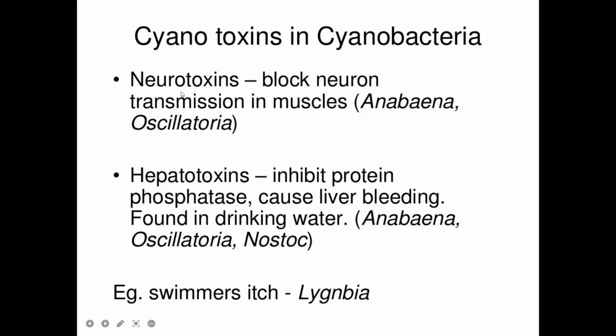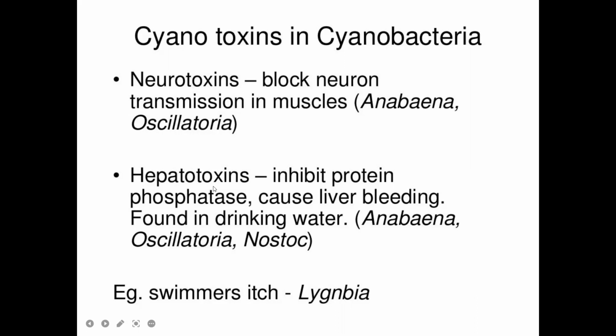Neuro means these toxins act on the nervous system, the neurons. Hepato means these toxins act on liver cells. Coming to the neurotoxins, they block neuron transmission in muscles. Examples are Anabaena and Oscillatoria. So the neurotoxins are produced by these organisms, and they help in blocking neurons.